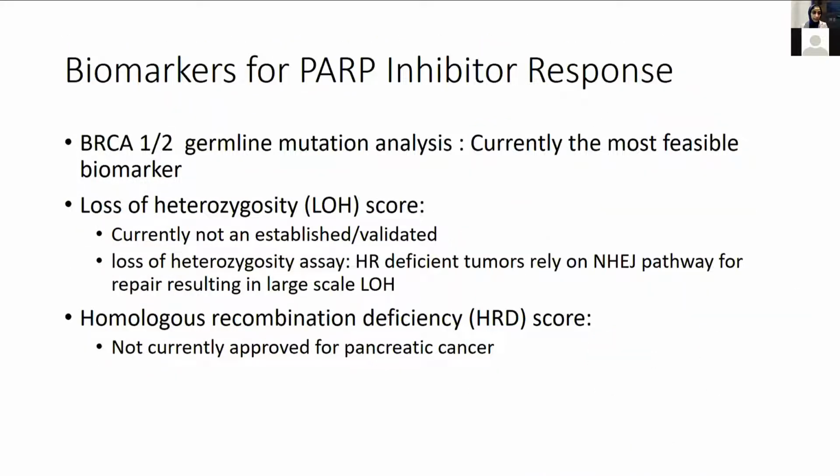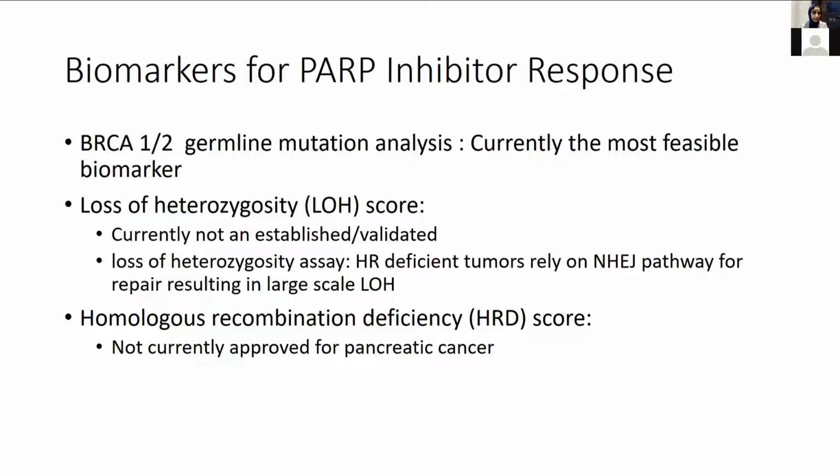So what are the biomarkers that we currently use for PARP inhibitors? Currently, in our repertoire, we only have BRCA1 and 2 germline mutations. That's currently the most feasible biomarker used to screen patients for selectivity for PARP inhibitors. But there are also large-scale biomarkers that are not currently clinically validated, but might be in the near future.